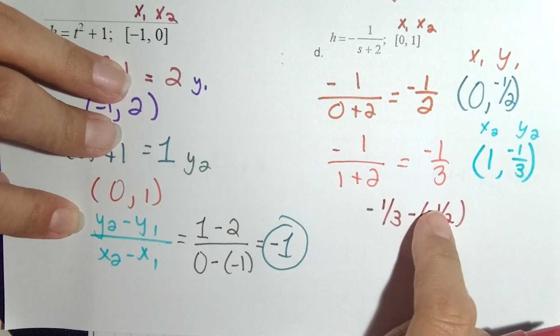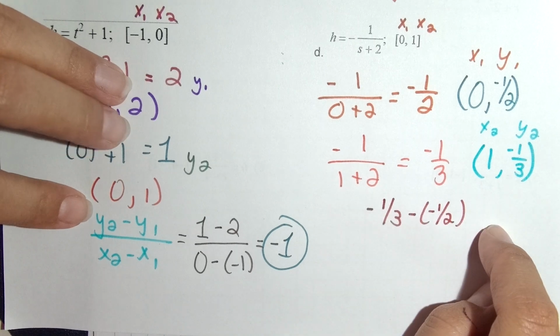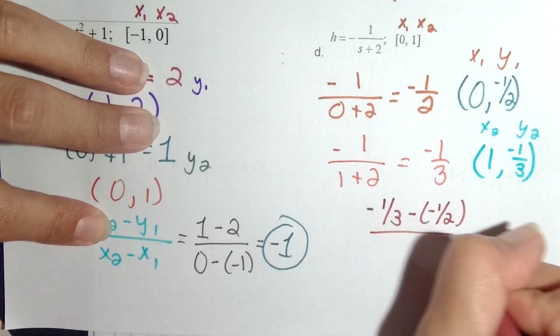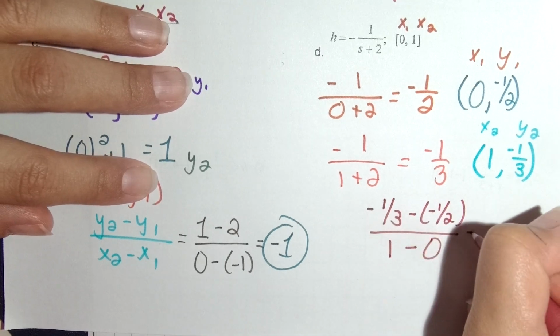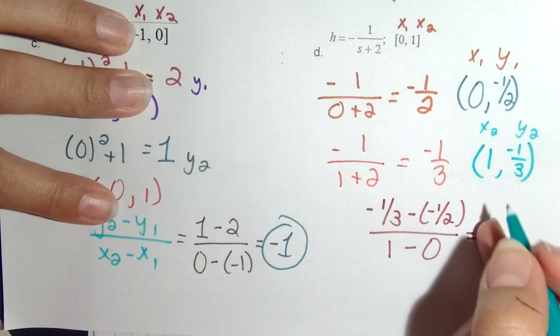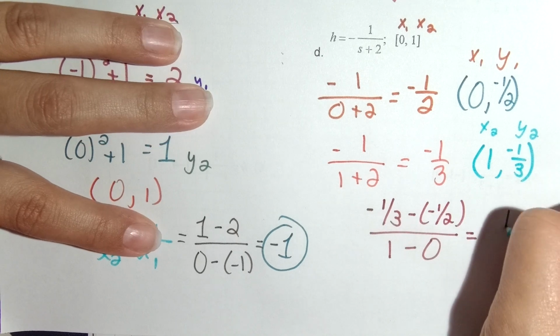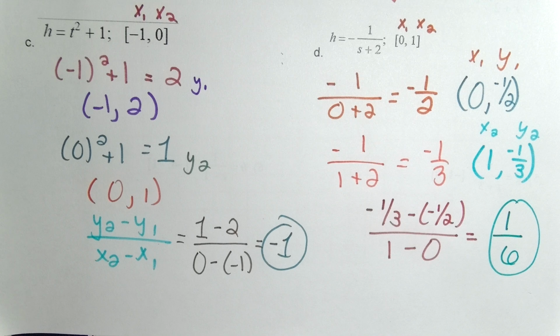Seniors, don't forget to put it in parentheses, because you're going to get a completely different answer. Divided by 1 minus 0. How do we put a fraction in the calculator? Alpha y equals. When you put that in the calculator, you will get 1/6.